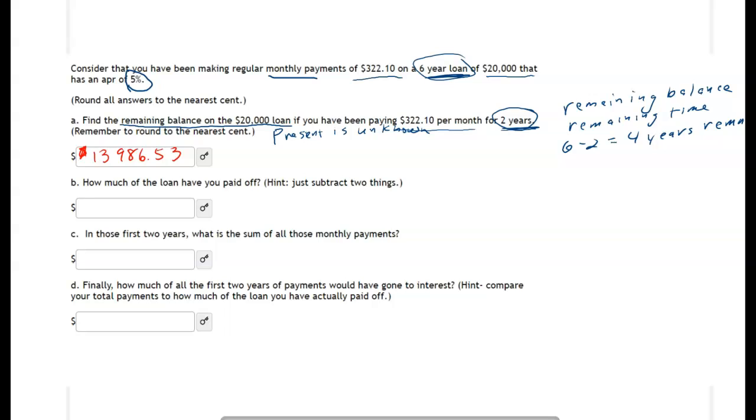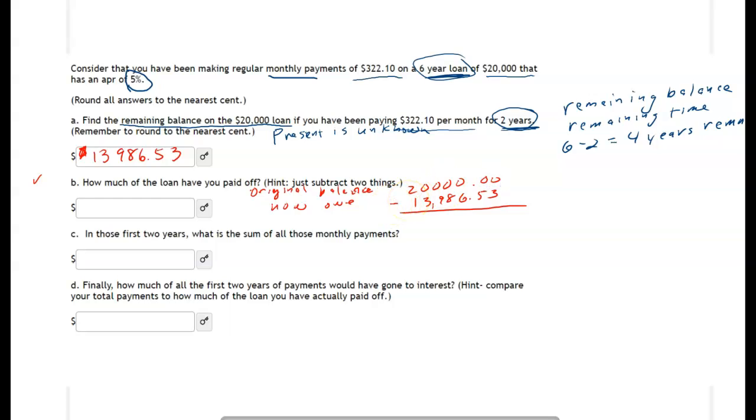Okay, now these are very interesting and important values, really. It says, how much of the loan have you paid off? Well, remember, the original balance was $20,000. We now owe $13,986.53. So what's the difference between those two? You have to subtract.